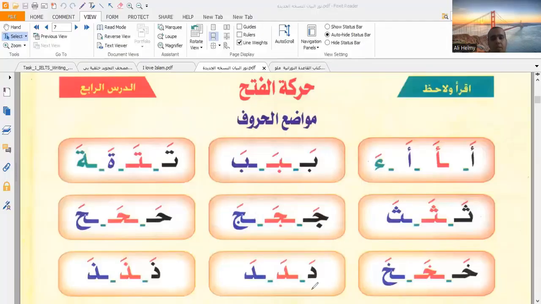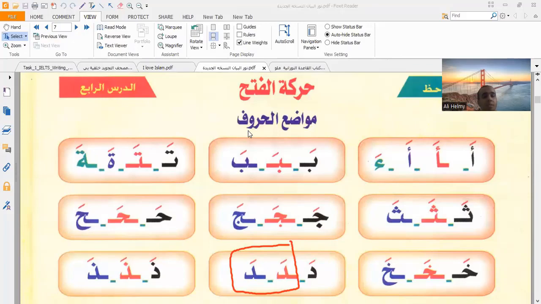Let's continue. Next, we have the letter da. Over here, we have da in the beginning, da here in the middle, da here in the end, and here da in the middle and in the end, they are similar. So let's take examples for these shapes. For example, da in the beginning, like da, ra, sa.